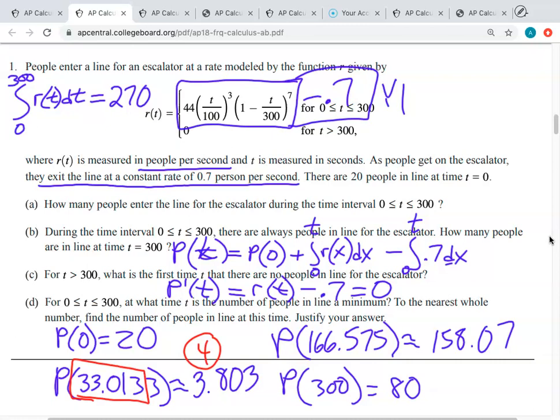And all you had to do is change the 33 to a 166. Yes, that's your r of x, the whole thing. Right. Okay, fun.